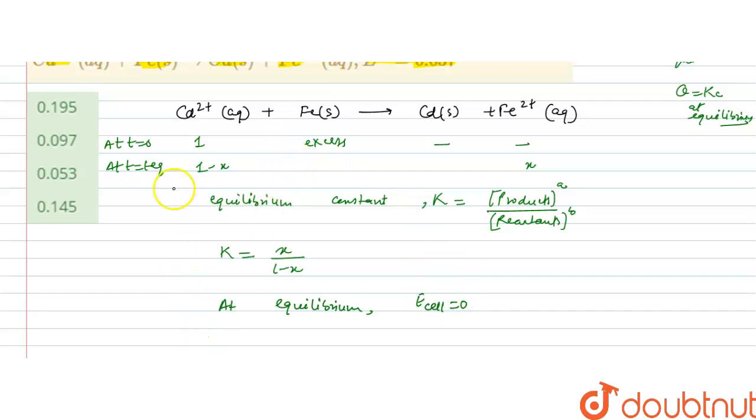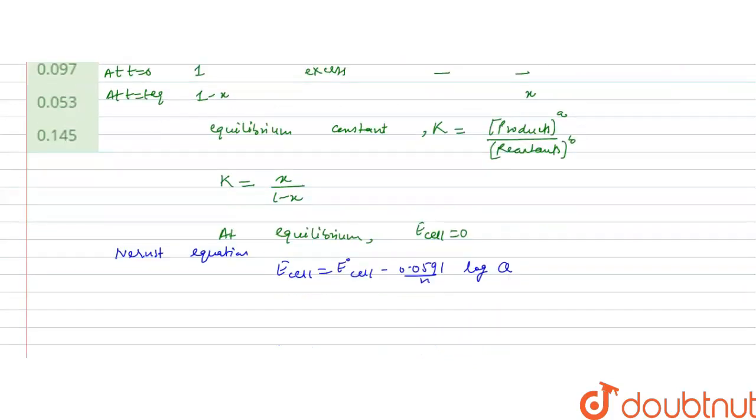If we use the Nernst equation, E cell equals E naught cell minus 0.0591 divided by n log Q, and at equilibrium Q will be K.